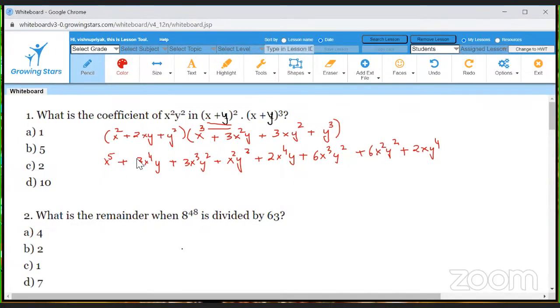Like that, you have to multiply each and every term. But we cannot multiply, it will be a waste of time.